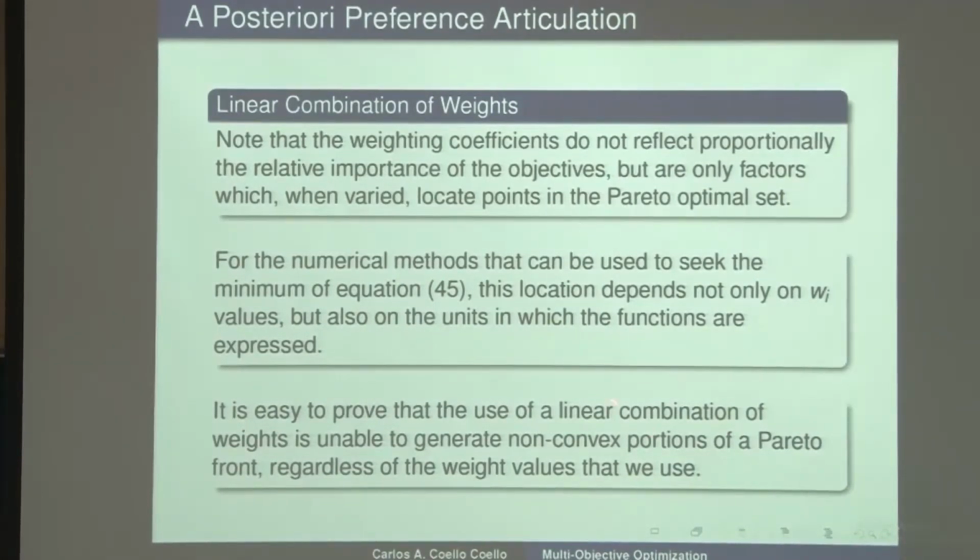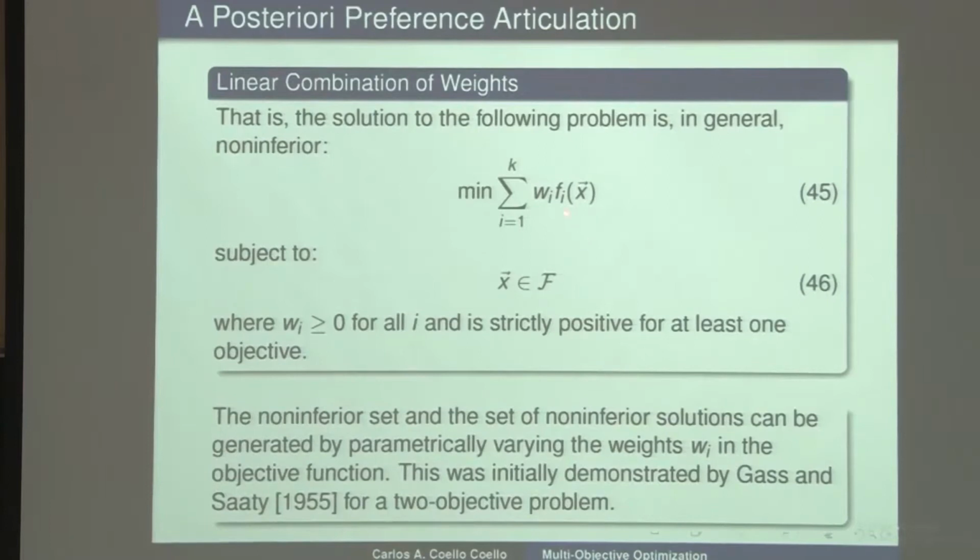Also, it's important to take into account that the units in which the functions are expressed are important in the actual optimization. And normally, most people tend to normalize the objectives. Because if you don't normalize the objectives, then it could happen that you have one objective that is given in very large amounts and another objective that is given in very small amounts.